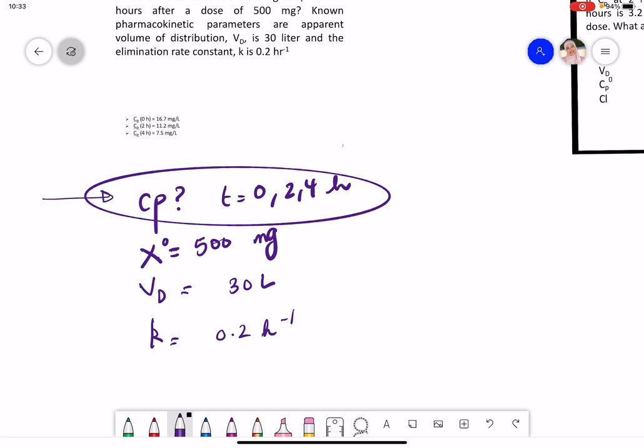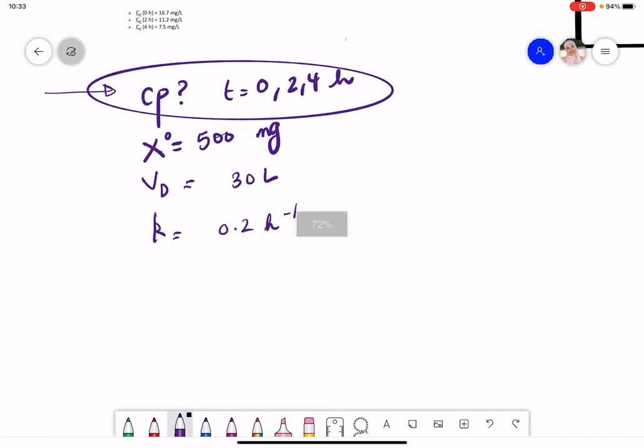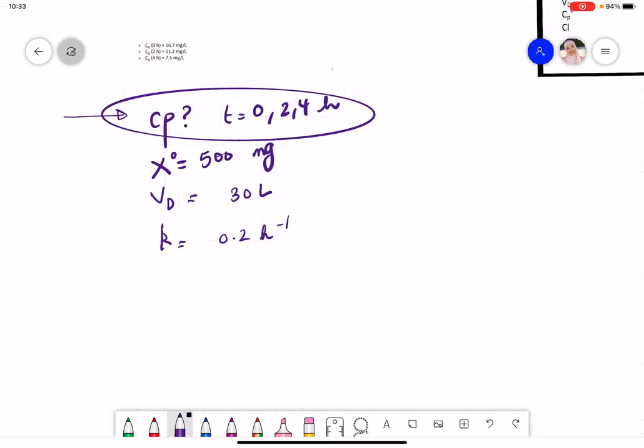So the question is asking you, what is the concentration at different time points? You can use whatever equation you want from the model equations that we have. And all of them should give you the same final answer, because it's the same equation with different versions of it. Okay, so we need to have Cp at time 0, which is your initial concentration, which will be dose over VD, and we have both of them, 500 milligram over 30 liter.